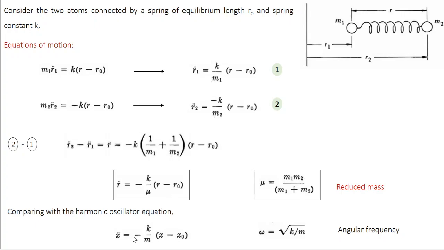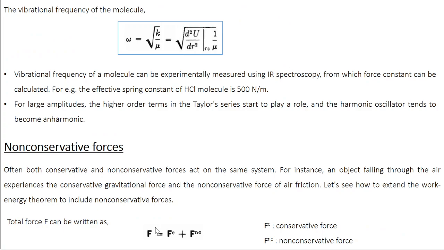And in the case of the harmonic oscillator, I know the frequency of oscillation ready-made, omega equal to square root of k by m. Since these two equations are exactly the same, in the case of this molecular system, I can follow the same method and write the frequency of oscillation as square root of k by mu, right?